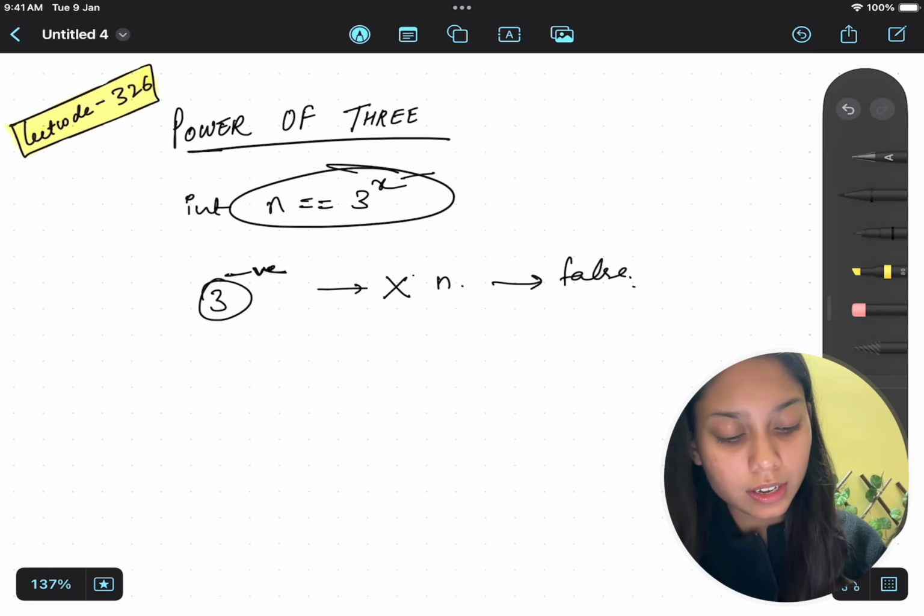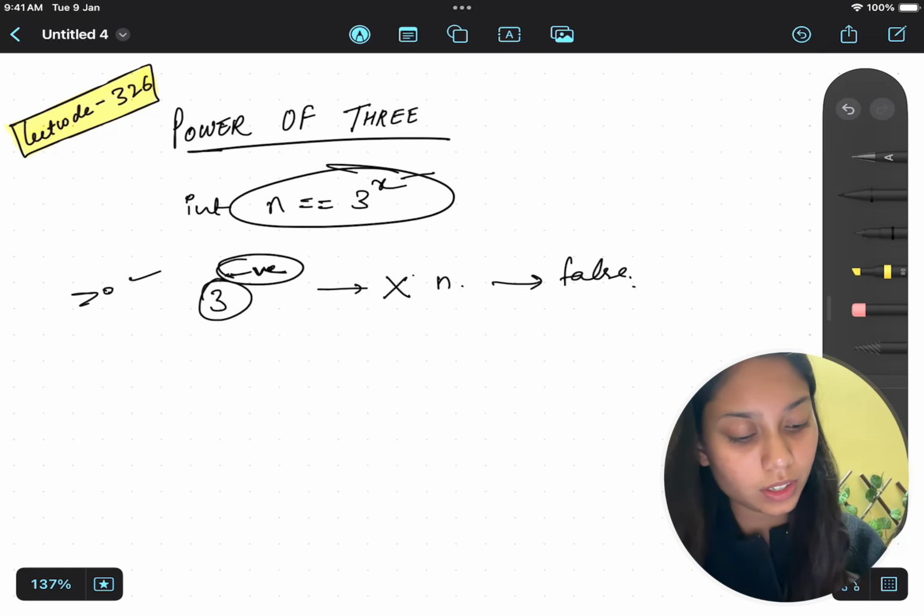This means that n should be greater than 0. Then we have the second condition. When it was given 27, we know that 27 can be represented as 3 raised to 3.